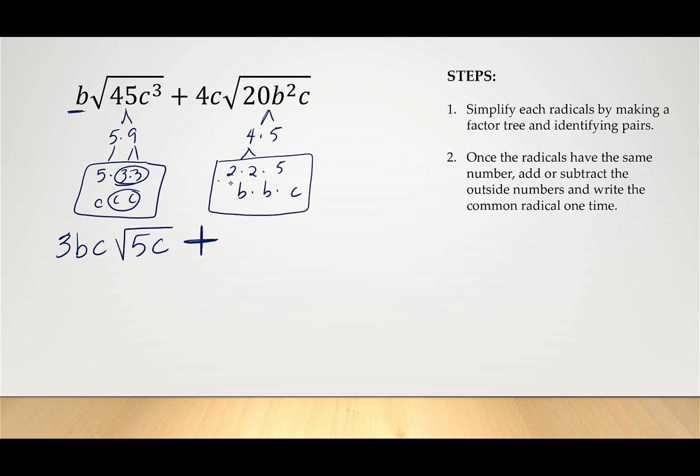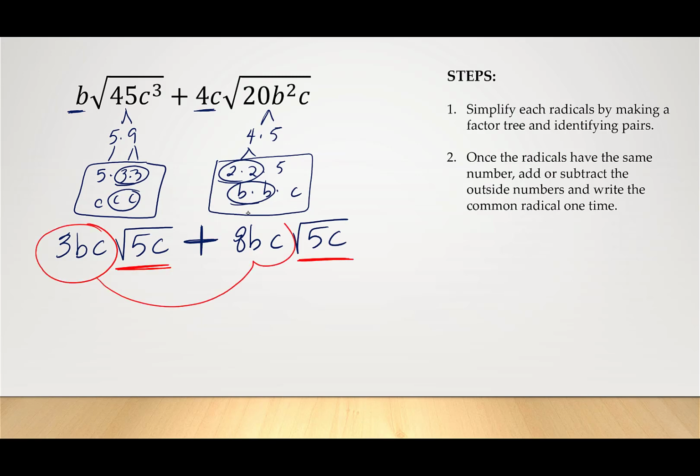The second radical has a pair of 2's and a pair of b's. There was already a 4c on the outside, so this is 8bc times the square root of 5c. Because these radicals are the same, and because both of these outside numbers have the same variables, we can collect like terms to get 11bc times the square root of 5c.